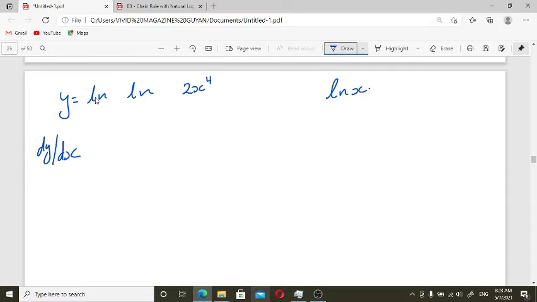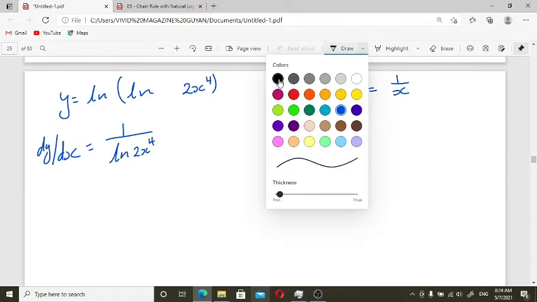ln x is equal to 1 upon x. So you could take this in that this here is another part by itself. So you'd have 1 being divided by ln of 2x to the 4th, right? So that's one component that you just completed. I need to actually switch between colors so you'd understand this part, so just bear with me a bit.